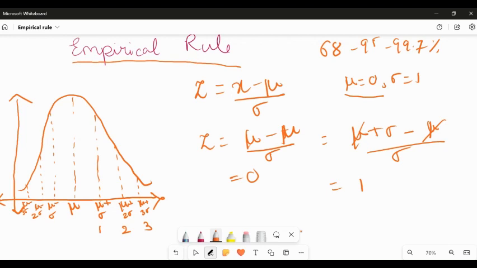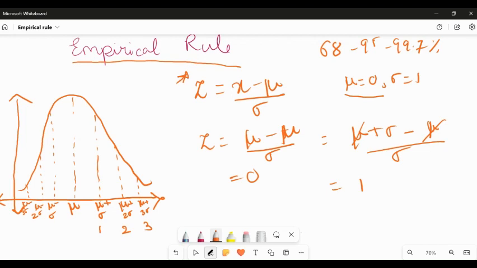So it's 1 standard deviation away from the mean. If you put mu plus 2 sigma in the place of x, then you will get 2. So this is how the 1 standard deviation, 2 standard deviations, 3 standard deviations away from the mean are obtained through the z table, the z score value.